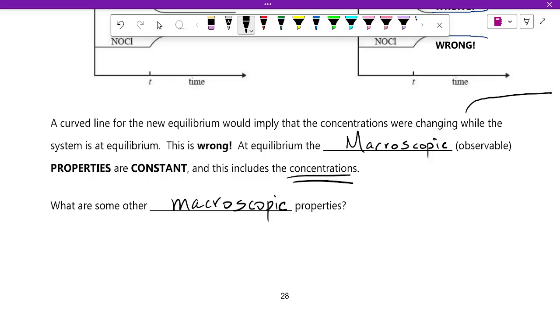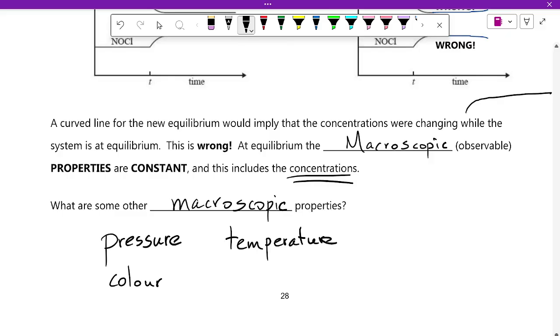Pressure. What else have we got? Color. Temperature. Volume. pH.